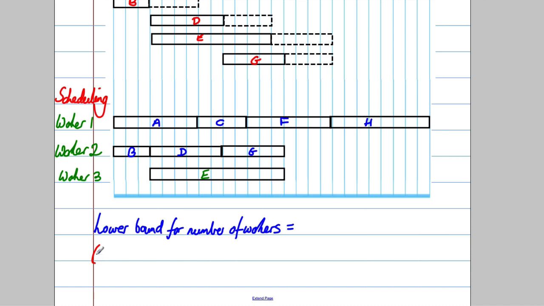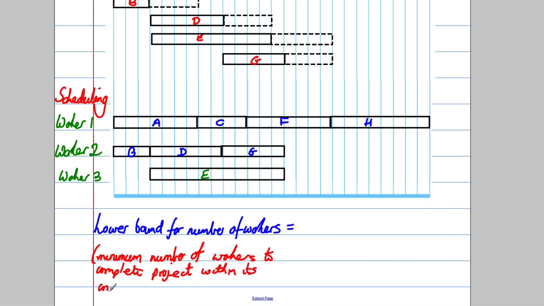The lower bound means it's the minimum number of workers to complete the project that's possible within its critical time. That means you could not do it with any number of workers lower than that. So it's a lower bound for this.